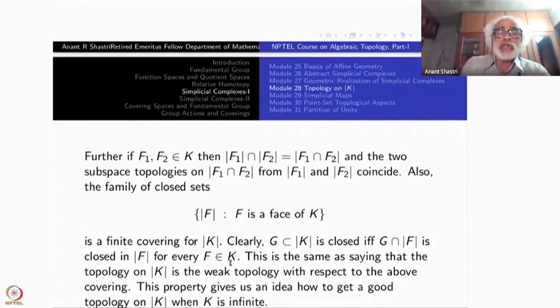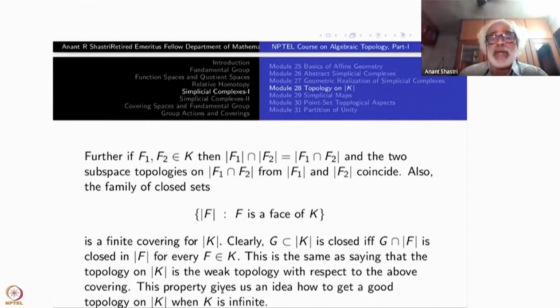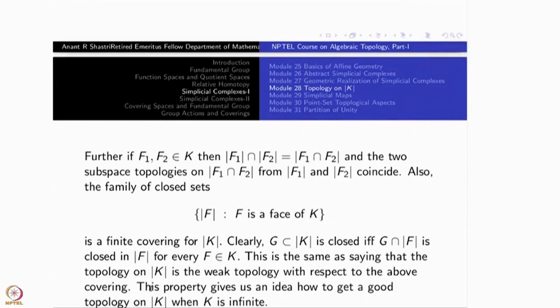Right? So it's the same thing as saying that G intersection mod F is closed for every F if and only if G is closed. This is the standard wording here, namely it is a weak topology with respect to the above covering.